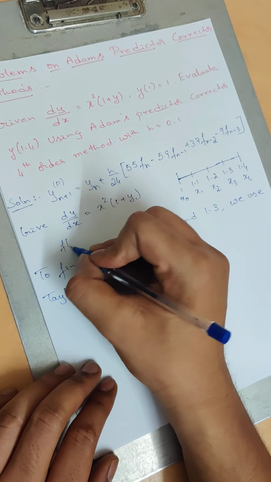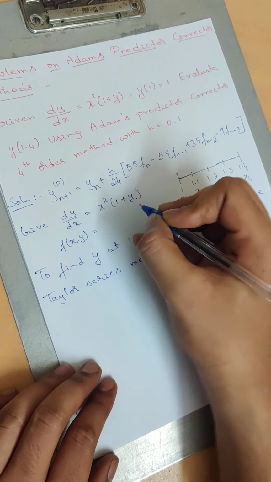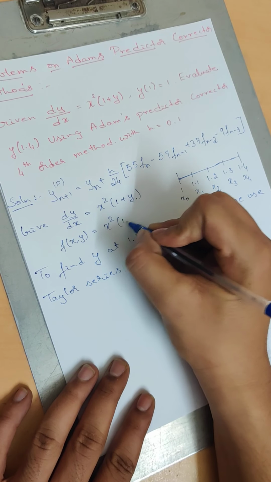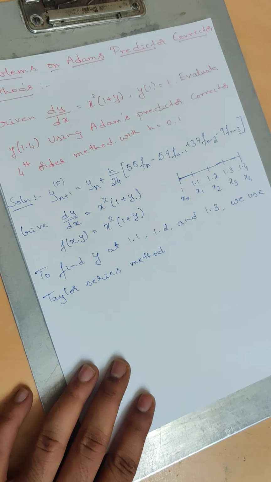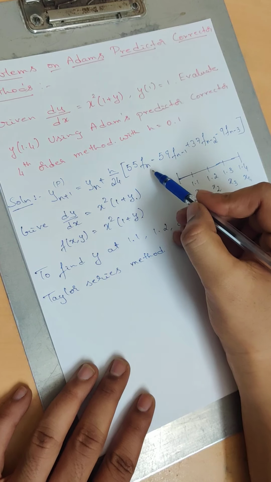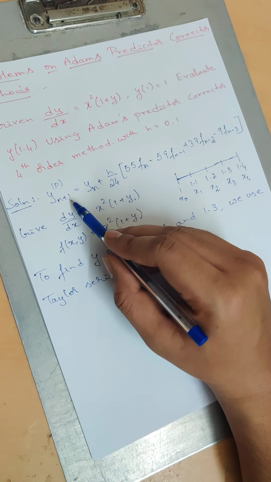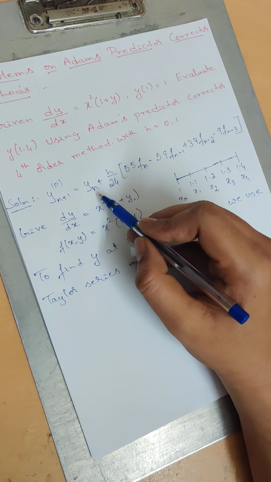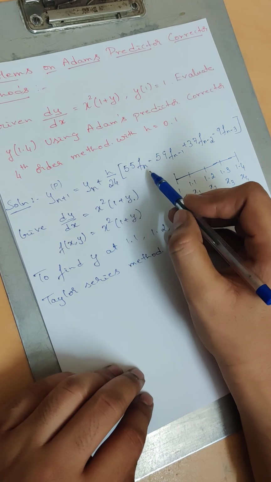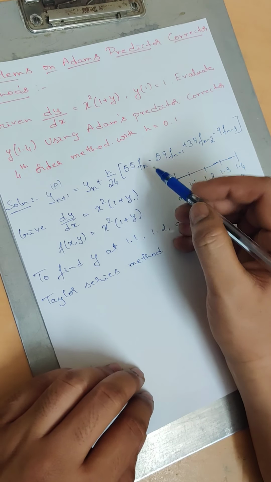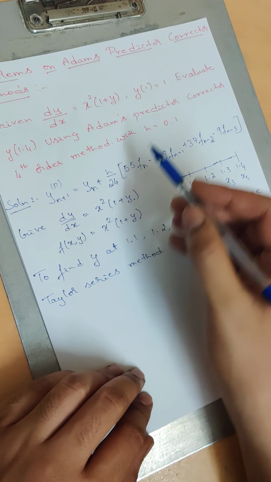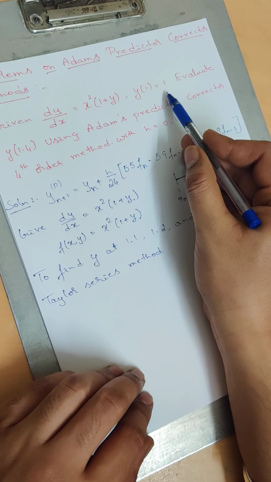So from this we can write f of x comma y is equal to x square into 1 plus y. Since we need fn, if n is equal to 0 here, we will be getting y1 is equal to y0 plus h by 24 into 55 f0. So to find out f0, we need x0 square into 1 plus y0. We know only y0 is equal to 1.